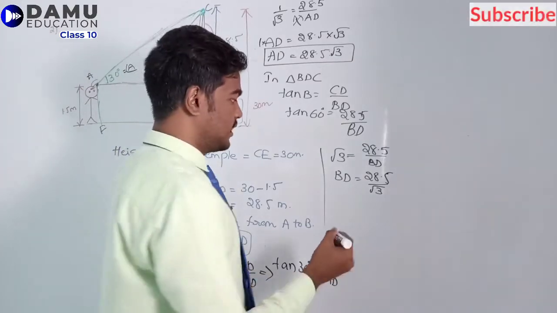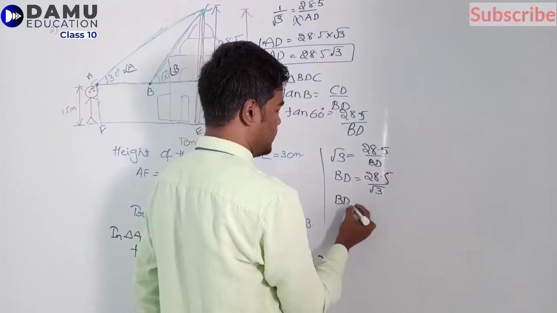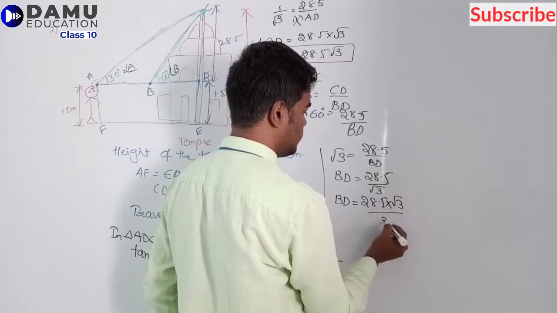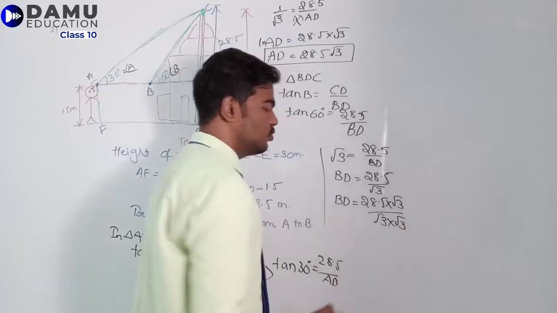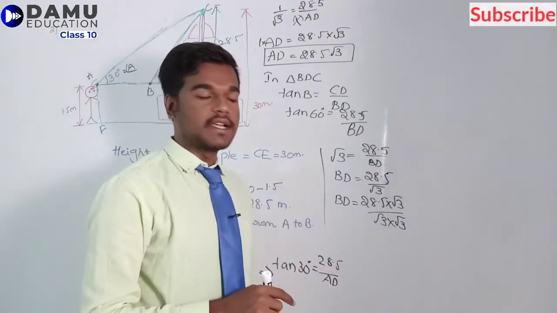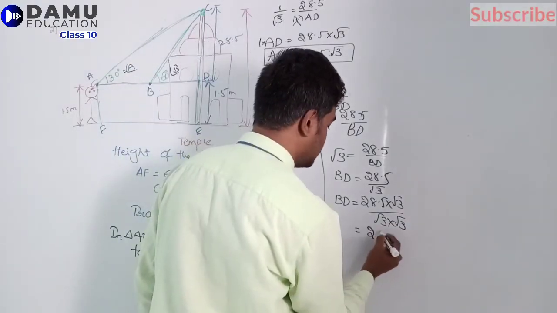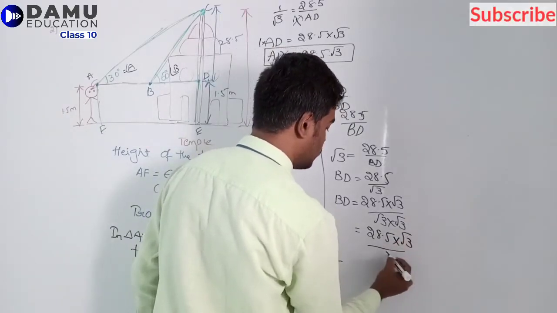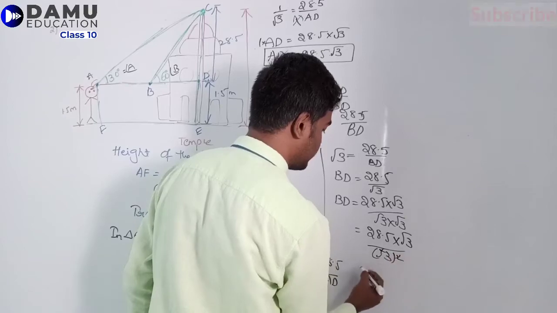So what value can we get here? 28.5 into root 3 by root 3 into root 3. Can you do it like this or not? Anyway, we will get the same answer. 28.5 into root 3 by root 3 whole square. The square and square root will cancel.